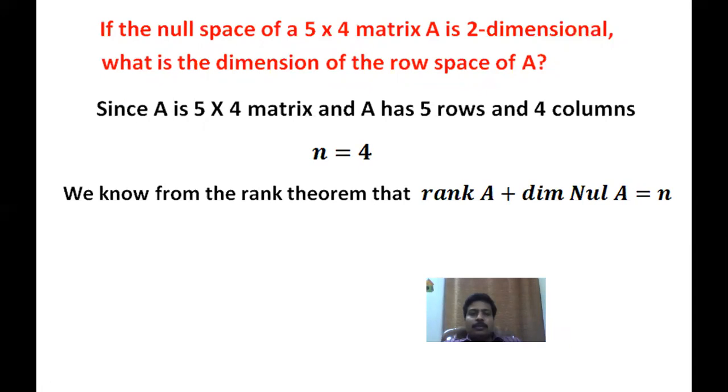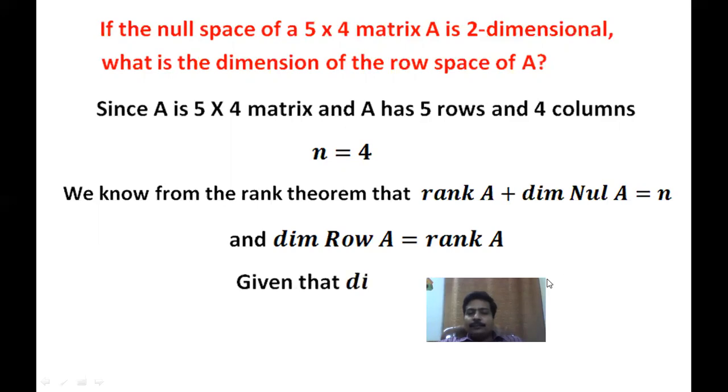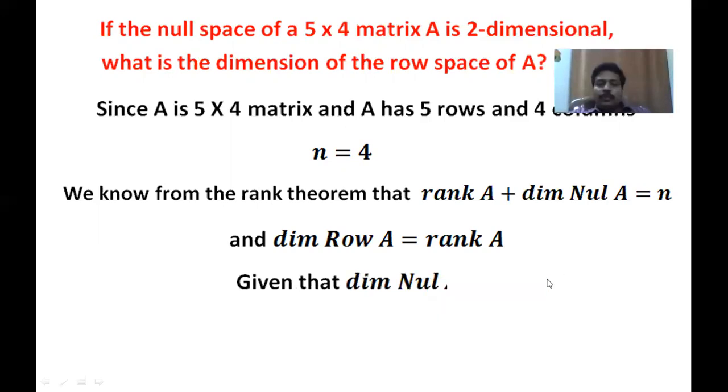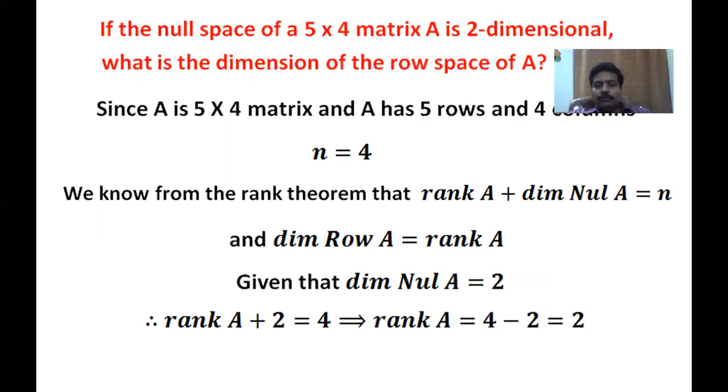In this problem also, the dimension of null space is given as 2, of course. And we need to find the dimension of row space A, which is equivalent to rank of A. So similarly, as per our last problem, it is 4 minus 2, that is 2.